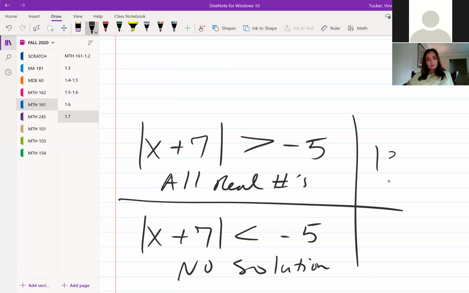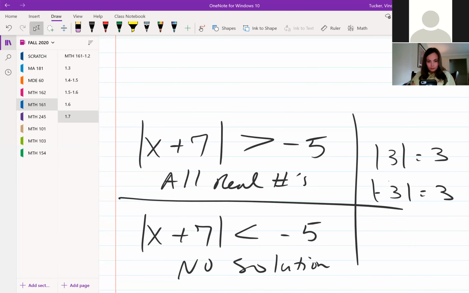If I take the absolute value of 3, the answer is 3. If I take the absolute value of negative 3, the answer is still 3. The absolute value is always positive. So if you're asking when is the absolute value quantity greater than a negative number, that's always the case, so any number will work. If you're asking when it is less than a negative number, the answer is never. So your answer is no solution.